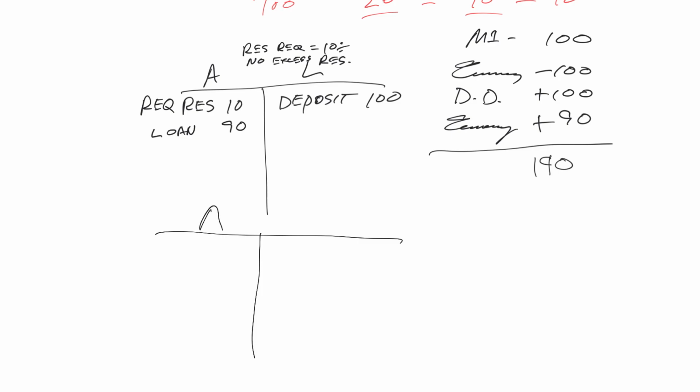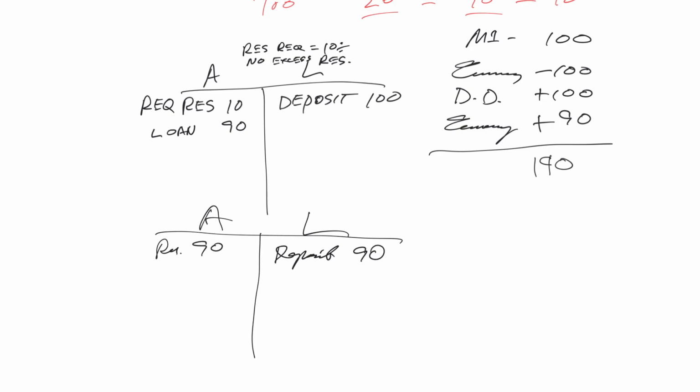They spend it, and then whoever receives that money as income deposits it in their account. So we've got a deposit of $90, and the bank has reserves of $90, right?